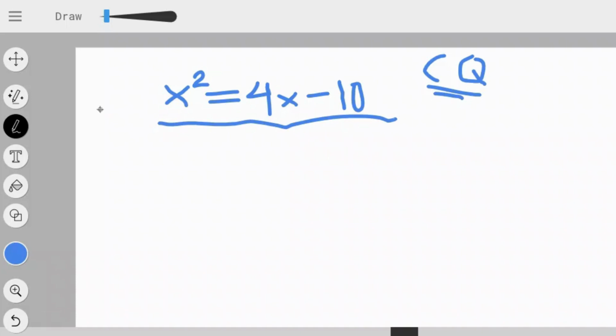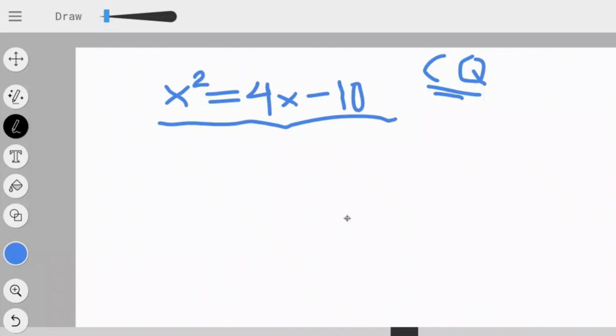Anyways, moving into this, let's firstly look at this and identify it. We have x to the second power equals 4x negative 10. Now, there's a couple of things wrong with this, mainly because it's not equaling 0, like how we said in the quadratics video.